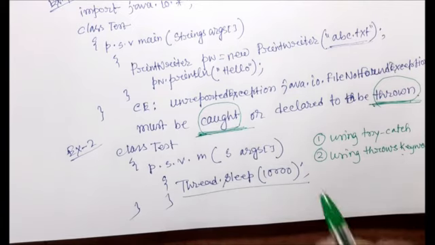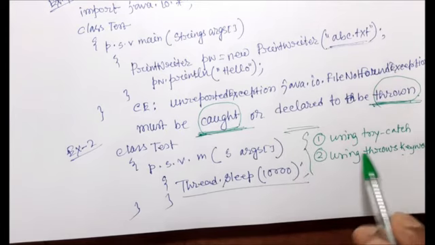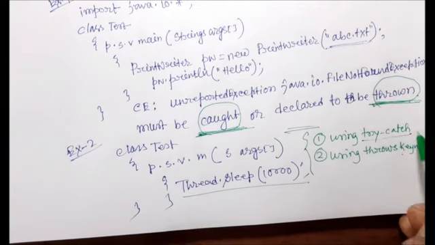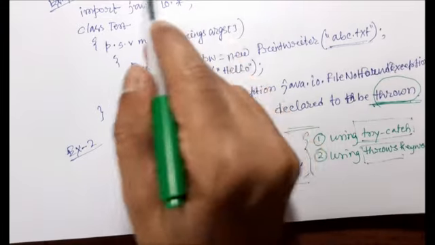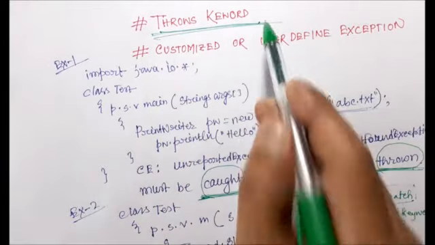So we can handle an exception by two methods. One of the ways is by using a try catch block, which you are already familiar with, and the second one, which I am talking about right now, is the throws keyword.